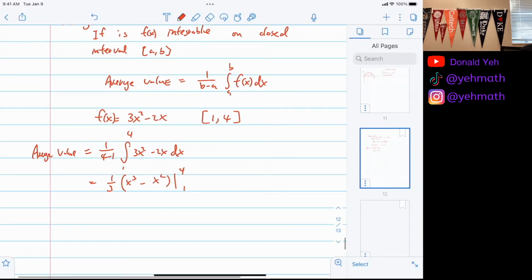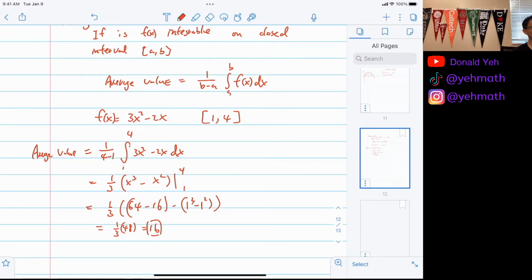So it'll be 1/3 times 64 minus 16 minus 1 squared minus 1 cubed. 1/3 times 48, so that should equal 16. Did you guys get 16? Then that's your average value.